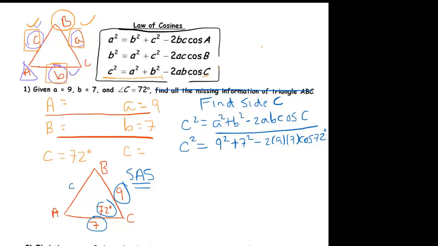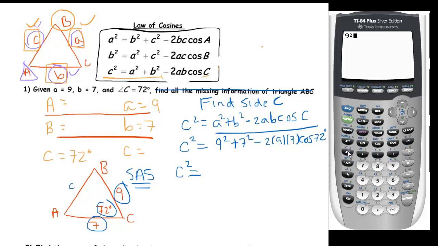Now what's nice is you can put this in your calculator right as it's written. So you can just put 9 squared plus 7 squared minus 2 times 9 times 7 times the cosine of 72.